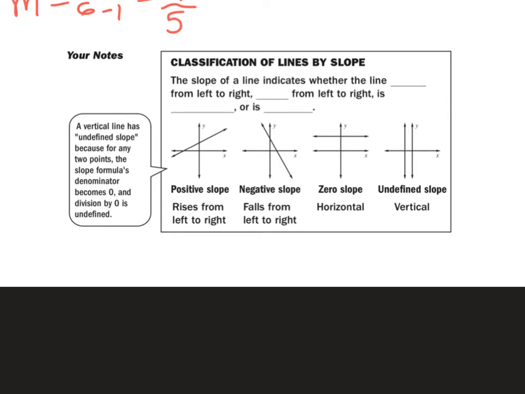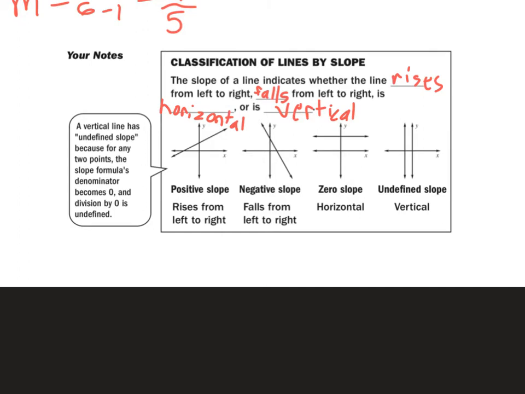That tells us whether the line rises from left to right, falls from left to right, is horizontal, or is a vertical line. Okay? And you can always think about this in terms of rise over run.